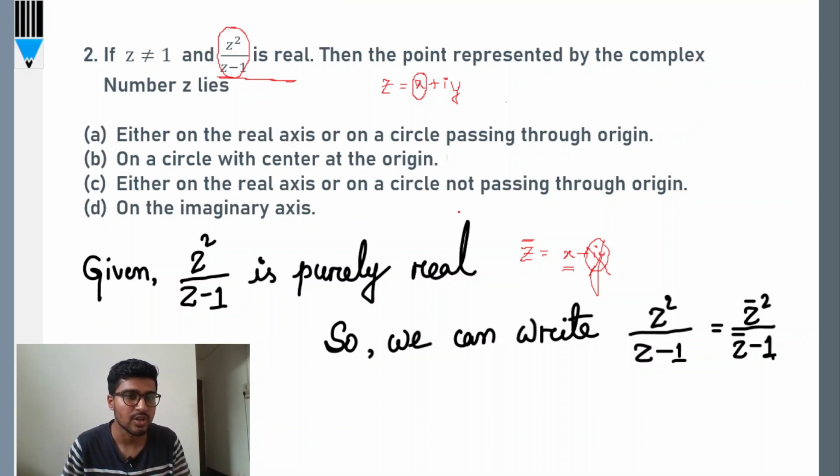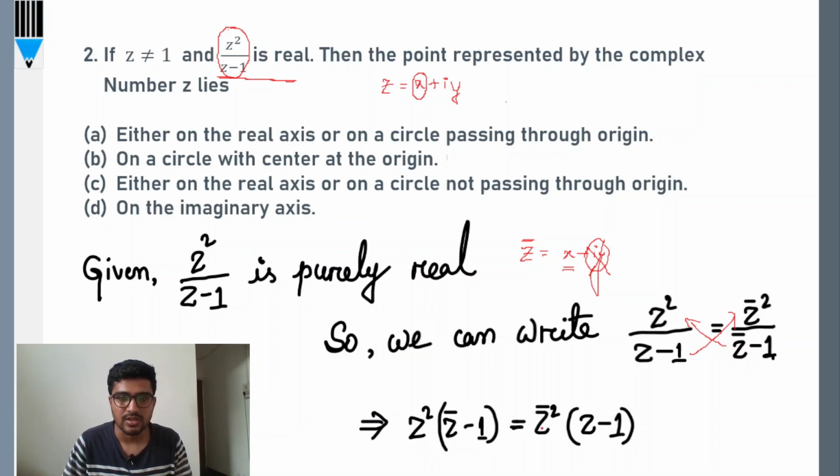So if z square by z minus 1 is purely real, then its conjugate, which will be equal to the function itself, z square by z minus 1, equals its bar. If I expand the bar, we get z bar square by z bar minus 1, the same thing, we just applied the bar. Okay. So we can solve this again. We cross multiply: just multiply this over here, multiply this over here, clear?